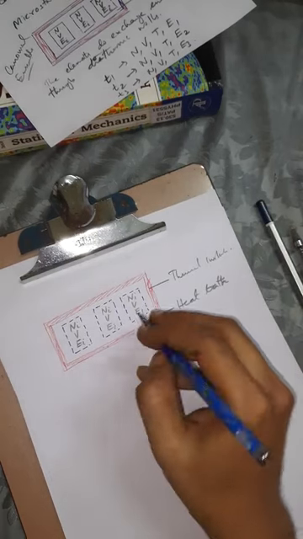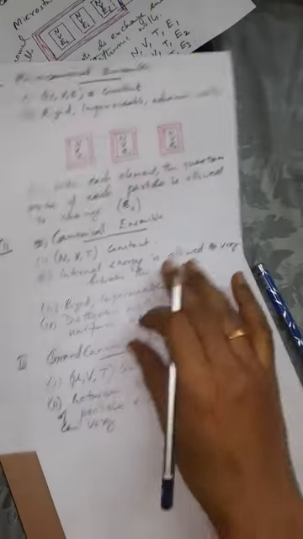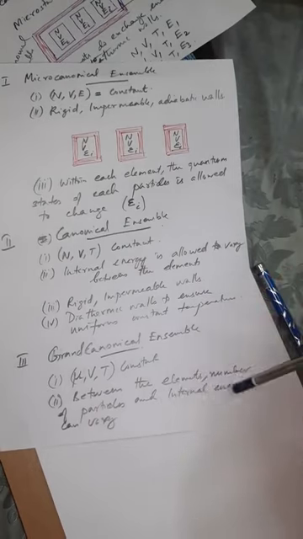Right. So this is how I represent a grand canonical ensemble. So as the third point I can write, right, mu V T is equal to constant; between the elements, the number of particles and internal energy can vary.